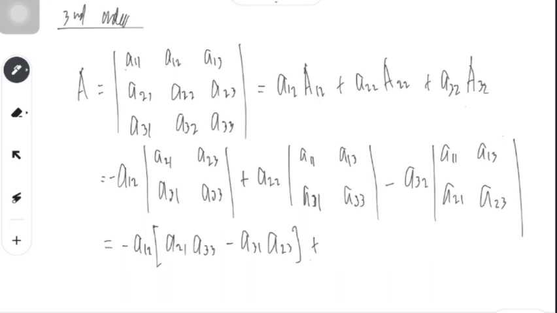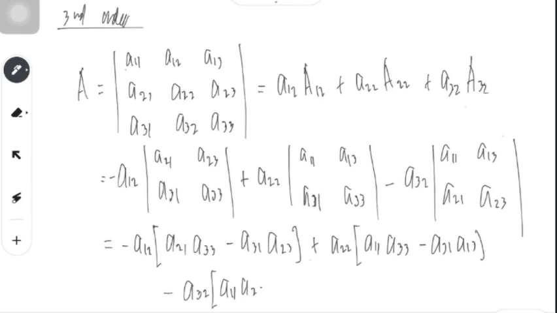Then plus, you have here A22 times the quantity, again, using diagonal method, this is simply A11, A33, minus A31, A13. And for the last, we have here minus A32 times the quantity A11, A23, then minus, this is A21, A13.